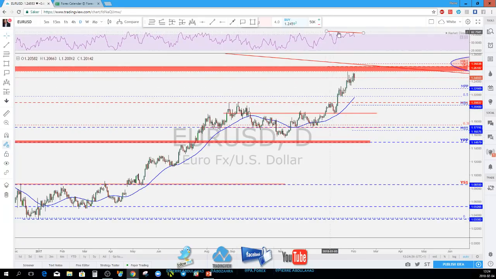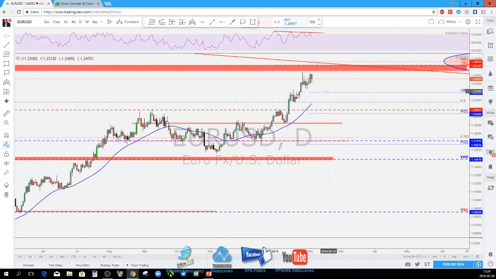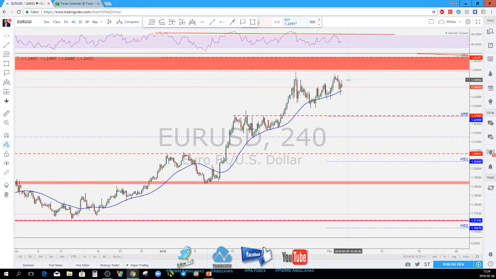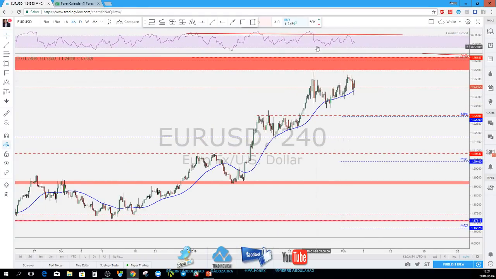We are at the extremes. The divergence has started. We have this nice pin bar still, and there is a possibility that we may be seeing a double top, but it is very early to talk about a clear reversal yet.